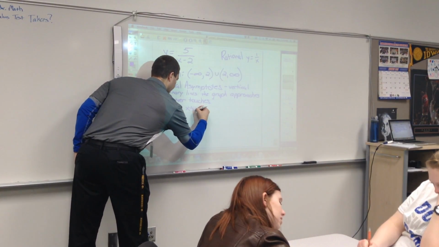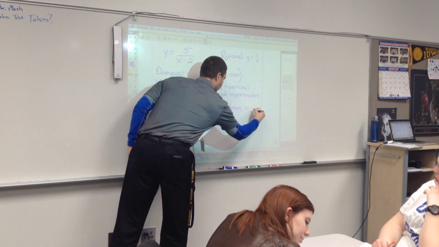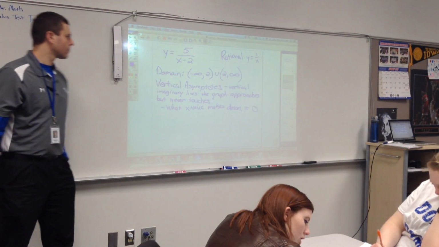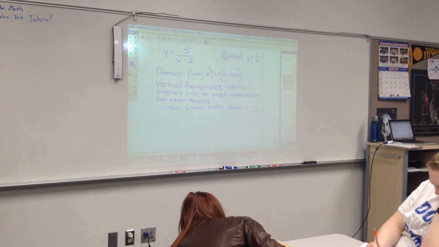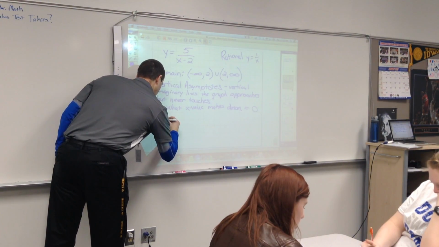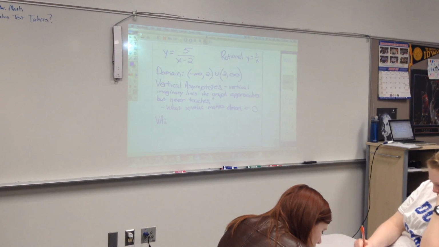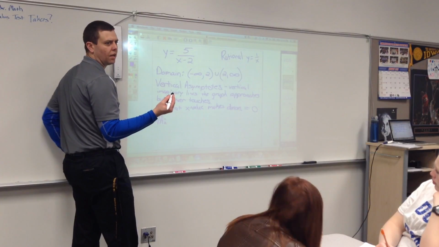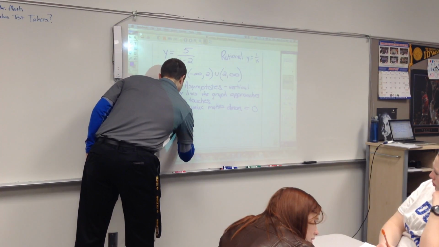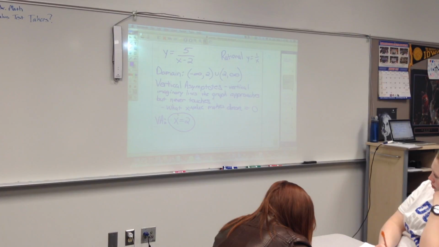So for this function right here, where's my vertical asymptote? x equals 2. Write the x equals 2 part. Don't just write the number 2. I want you to write x equals 2 so that it's representing a vertical line. So my vertical asymptote is x equals 2, because that is the x value that makes the denominator equal 0.